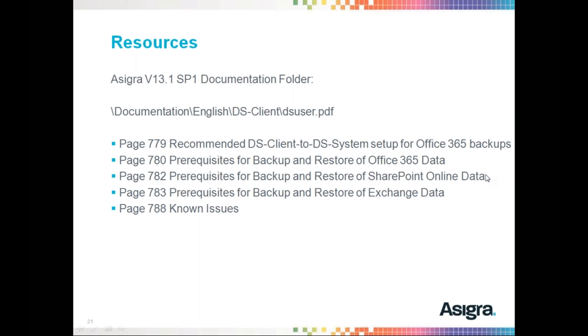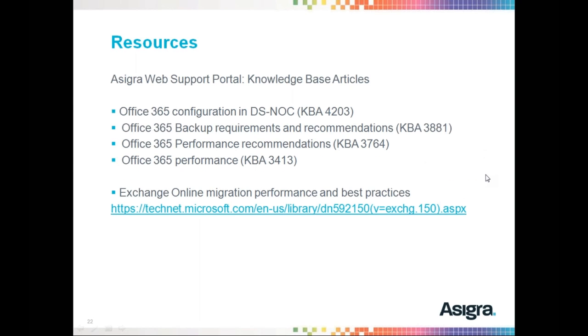So on page 779, we're talking about the 13.1 SP1 document folder. Recommendations for DS-Clients, DS-System setup, and then of course backup and restore. So the various topics that you should really review. There's no issues. It's always good to read before you proceed with configuring your environment. There are knowledge base articles available on the Asigra support portal that usually give you an idea of the requirements and recommendations, performance recommendations, and of course performance in general, well documented on the Asigra support portal.